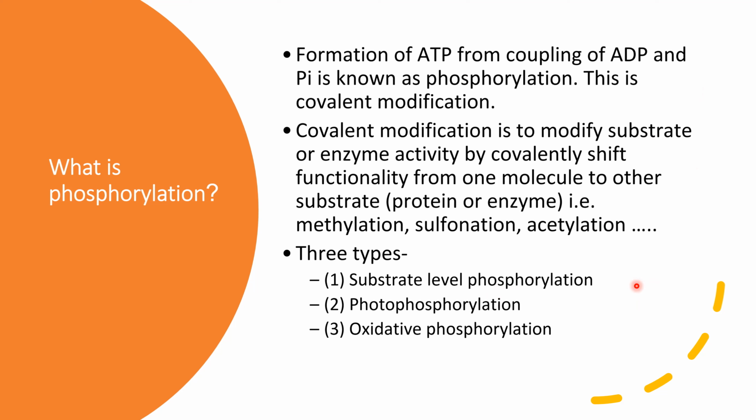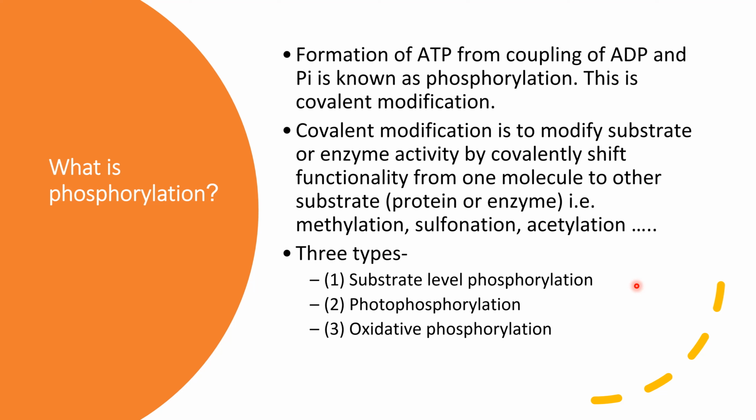Phosphorylation is important, and we'll see in the next slides the major reasons for it. Phosphorylation has to be performed for the functioning of cellular activities. So there are three types of phosphorylation.